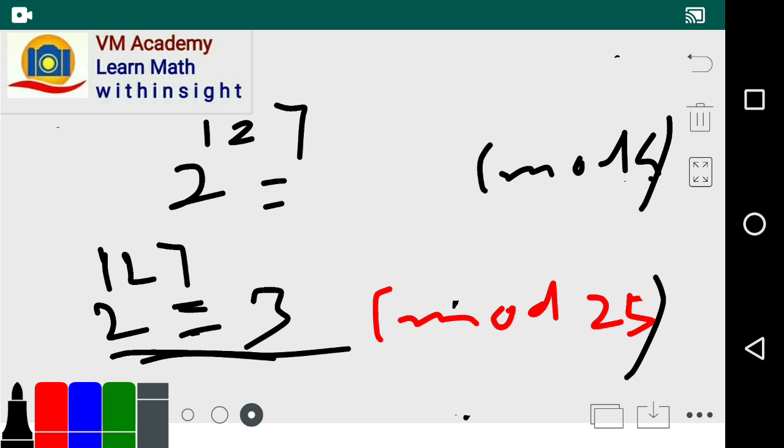It can be written as 2 raised to 126 into 2, and it is definitely going to be a multiple of 4, so it is 0, friends.